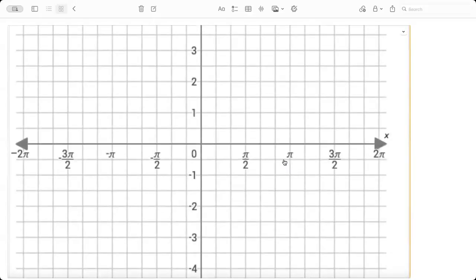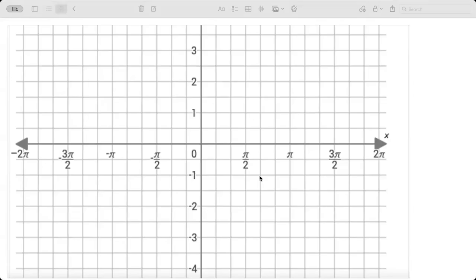Okay, I'm going to use this. So let's go ahead and plot minus 3 sine 2x.